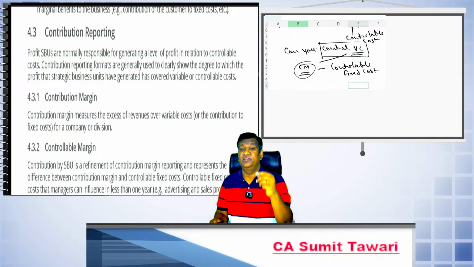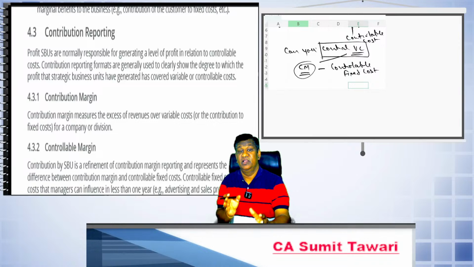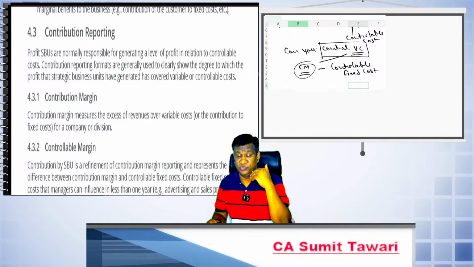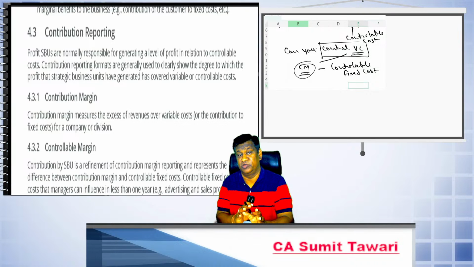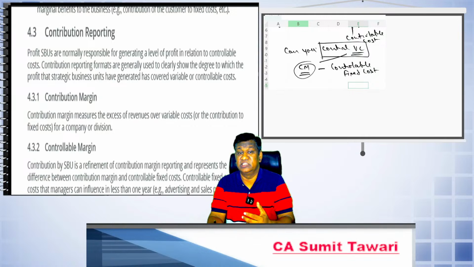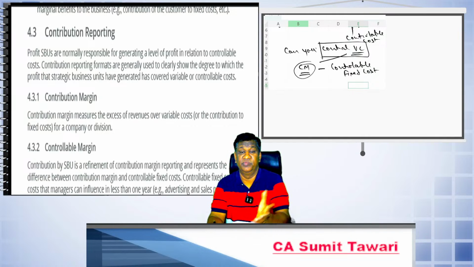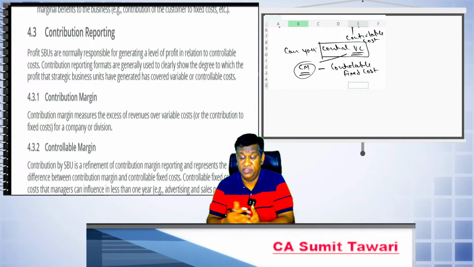For that you need to identify each and every area where you can control. Then you can evaluate whether you need to go for expansion or whatever the situation may be. If you're doing advertising and sales promotion, you may save the cost, but you may need to sacrifice some revenue as well, which will affect your contribution margin.